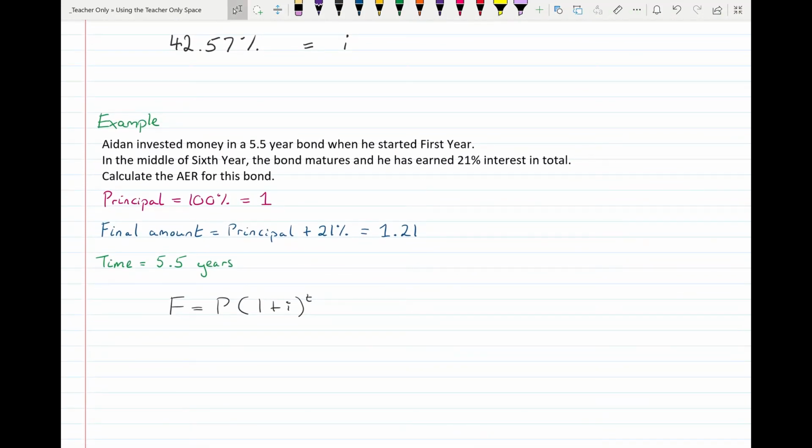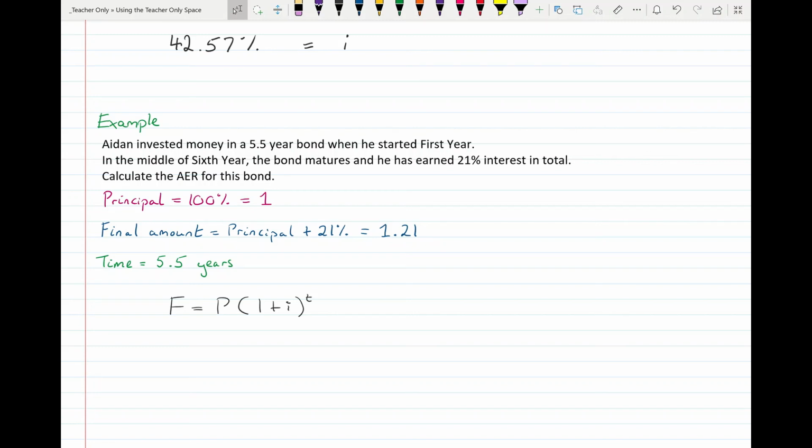Another example then is where Aidan invested money in a 5.5-year bond when he started first year. So he put this money into a savings account. In the middle of 6th year, the bond matures and he has earned 21% interest in total. Calculate the AER for this bond.